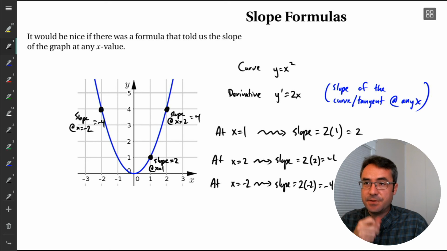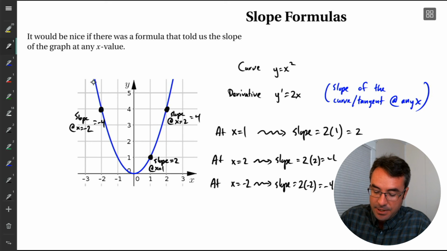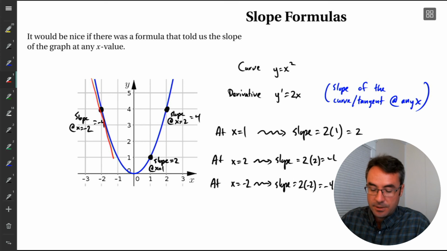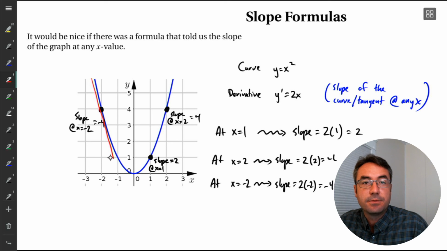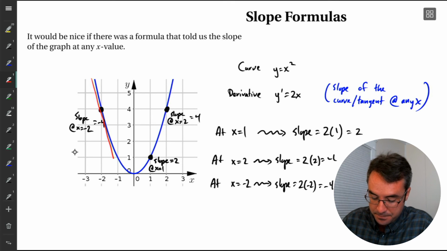And you can see that that makes sense. Down here, if we were to draw in our tangent line over here, it looks like it's pointing down. So the slope is negative.